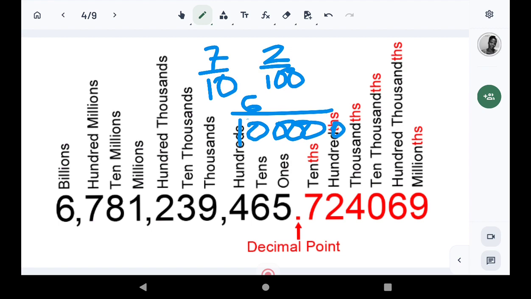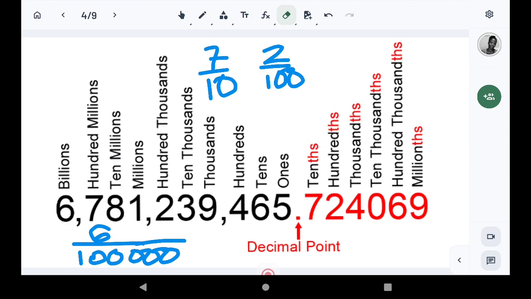No, 100,000. 6/100,000, because it is 5 decimals away from the decimal point.